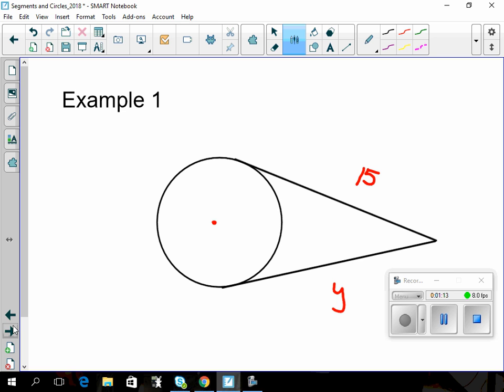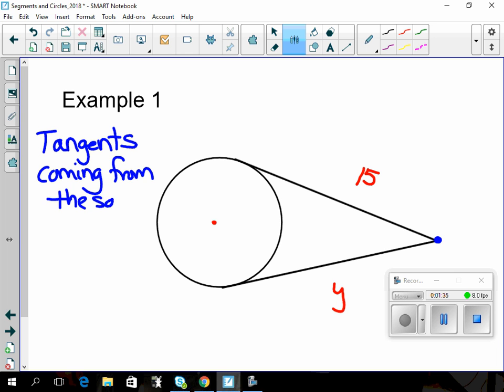And tangents, if they come from the same point, are equal. So there's really no work involved, just knowing that fact. So because the tangents come from the same point, they're equal in length.